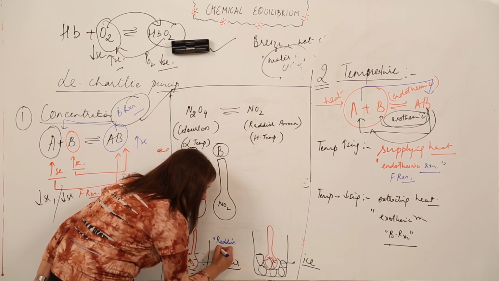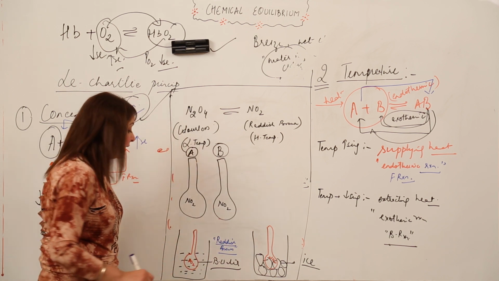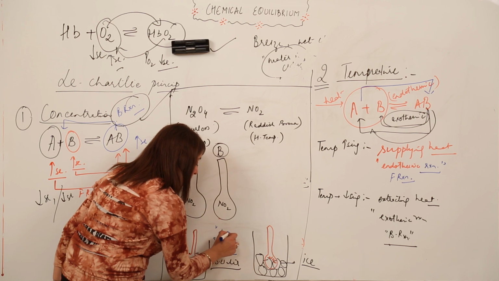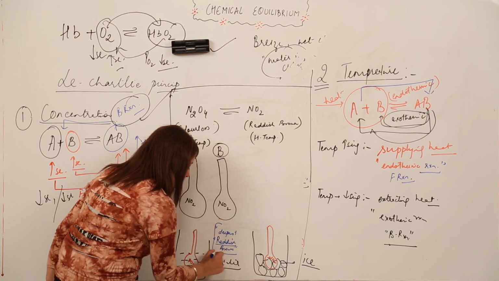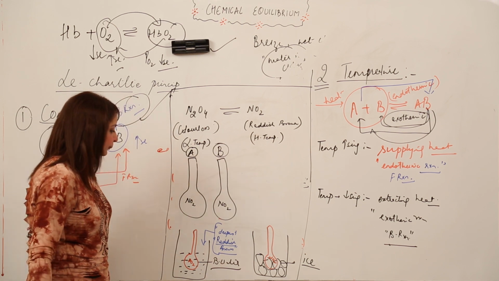We see the vapors' color as reddish brown, and this reddish color deepens, that means becomes darker. This is the observation in the container which has the boiling water.